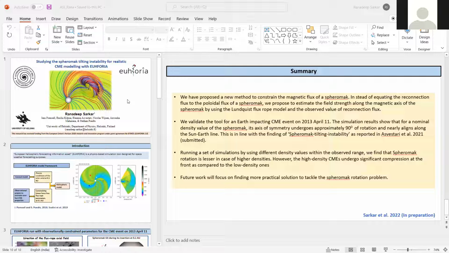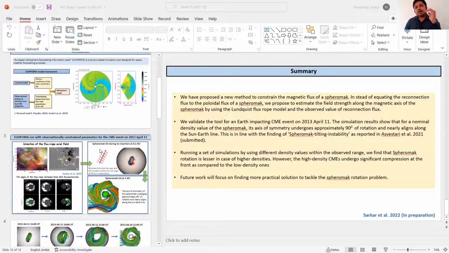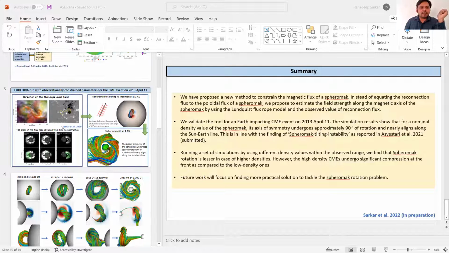Yeah, very nice talk. Thanks. I just have one query: how are you constraining this tilt instability from the solar surface to 0.1 AU, before the MHD domain? So you want to know how I constrain the orientation angle, the tilt angle of the spheromak. Yes.